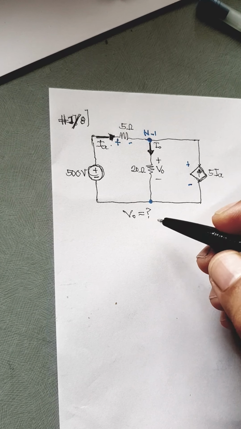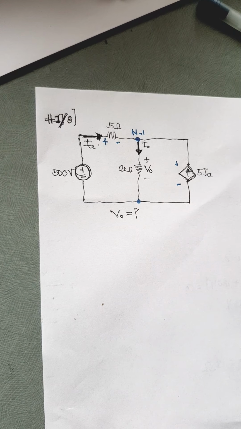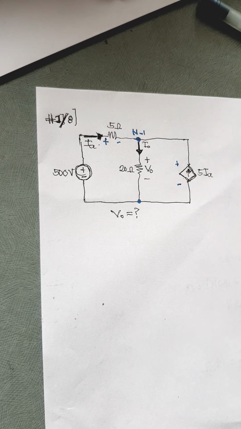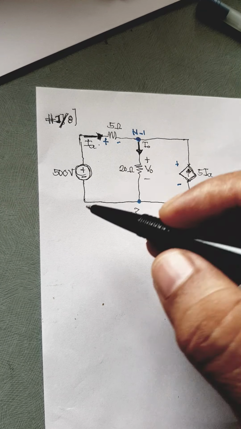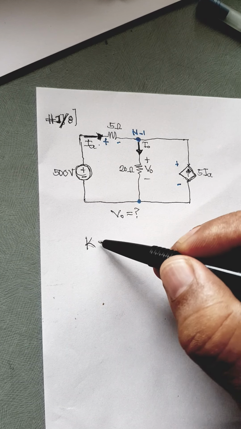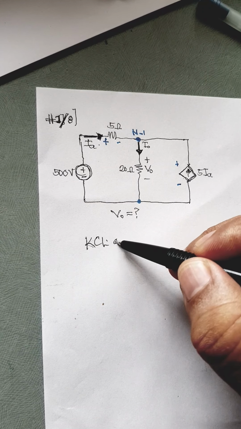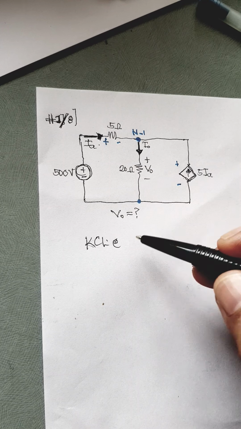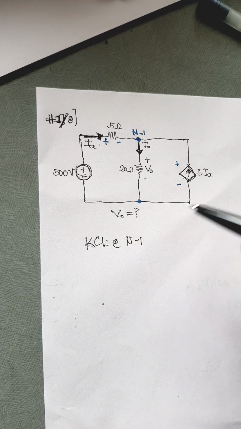Let's start. Since we don't have any choice, let's start with KCL and then KVL. So KCL first. KCL at node 1. Entering and leaving currents equate to 0.